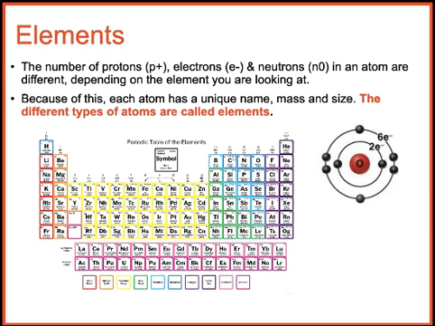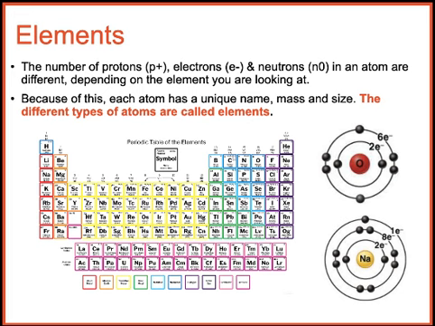So for example, the atom that makes up the element oxygen has 8 protons, 8 neutrons, and 8 electrons, right? That's set in stone. While the atom that makes up the element we call sodium has 11 protons, 12 neutrons, and 11 electrons, right? So all this to say that they both have very different chemistries, right?